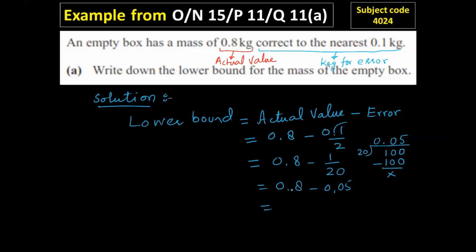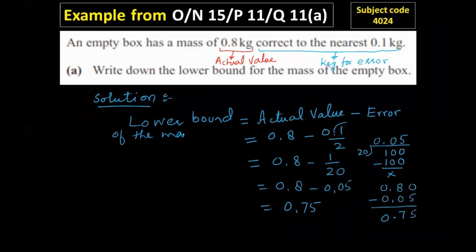So 0.8 minus 0.05. 10 minus 5 is 5, and 7. It is 0.75. This is the lower bound of the mass of the empty box.